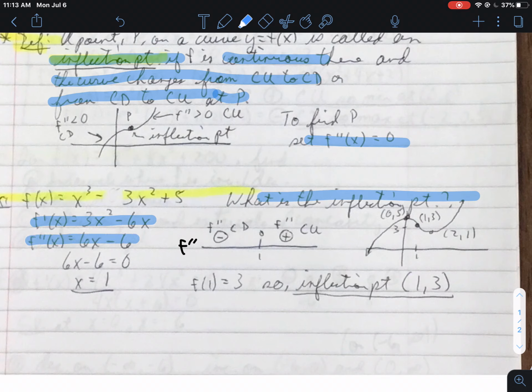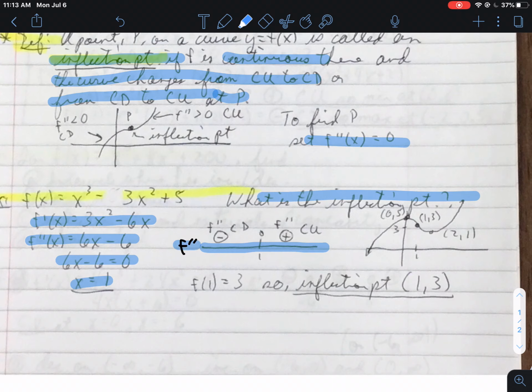And then we want to find those possible inflection points by setting that second derivative equal to 0. And then solve that equation, so 6x minus 6 equals 0, or x equals 1. And then we'll set up a test strip for the second derivative, just like we did the first derivative. And we're checking here for concavity. So notice I labeled this as our second derivative, f double prime.